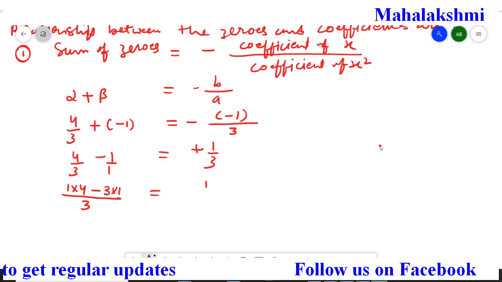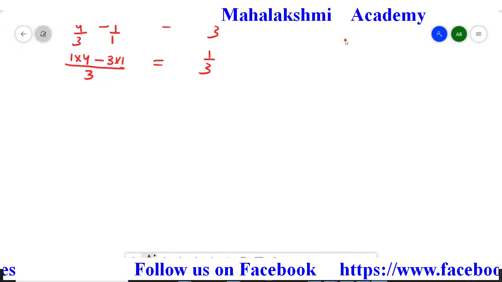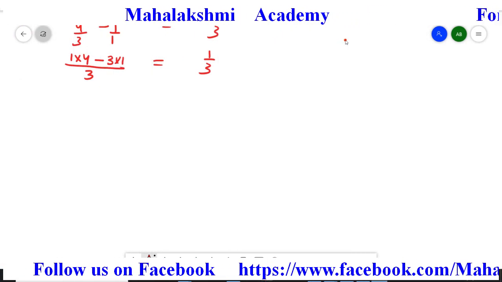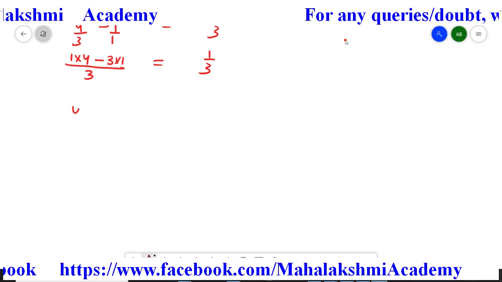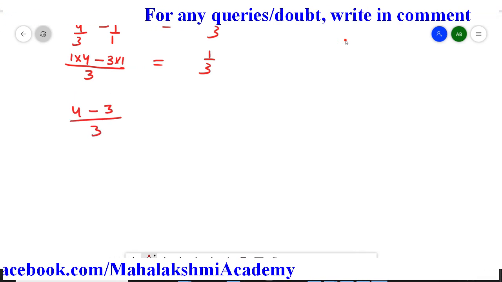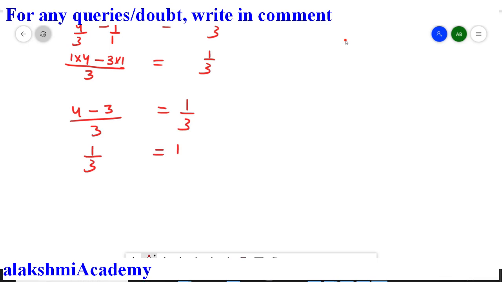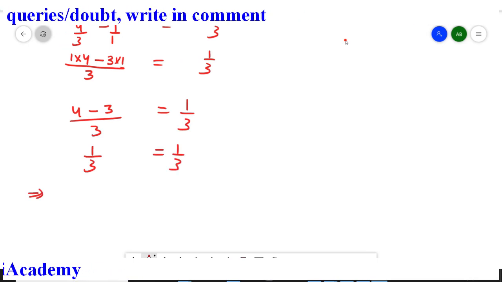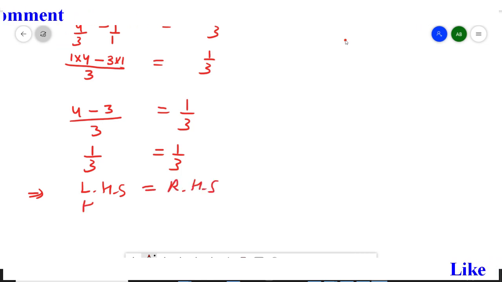Further we solve: 4 minus 3 is 1 upon 3. So we obtain 1 upon 3 equal to 1 upon 3, which implies left hand side is equal to right hand side. So this first relationship is verified.